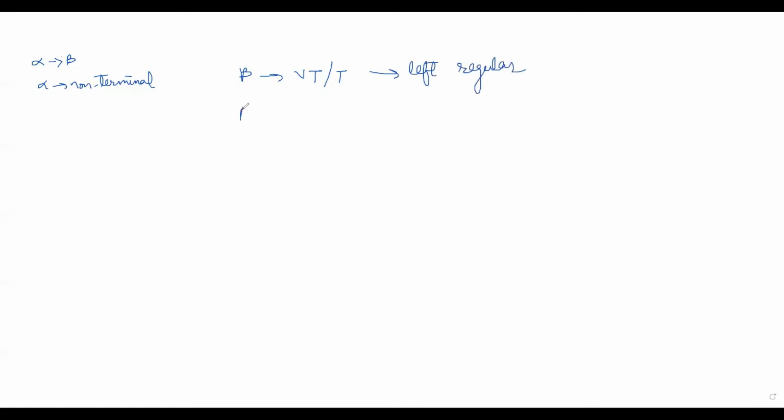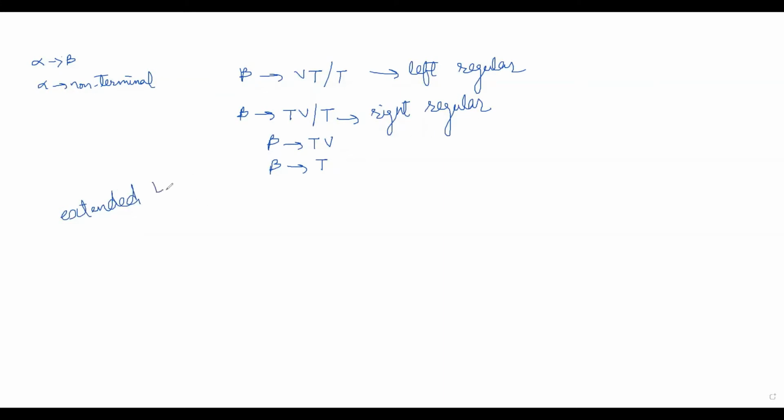And if the beta is the other form, then when I am writing this with a T, it means these are two production rules. One is alpha gives this and another production rule is alpha gives this. So this type of grammar is called right regular.